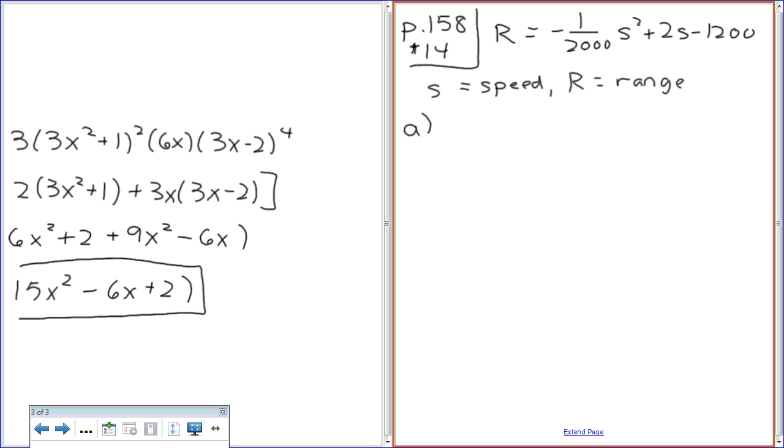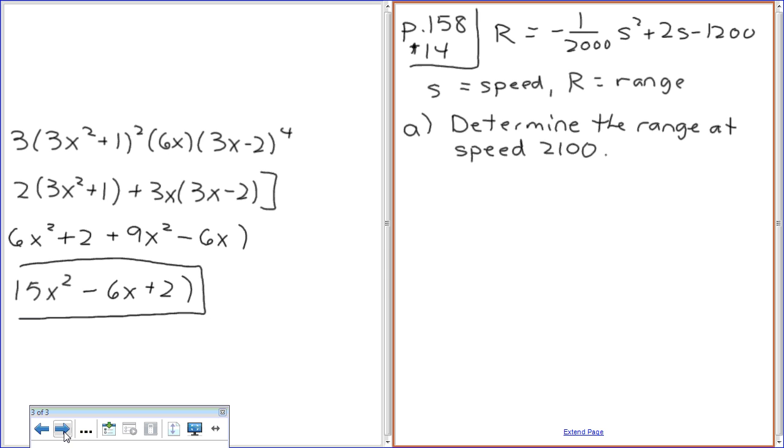Part A says determine the range at speed 2100.